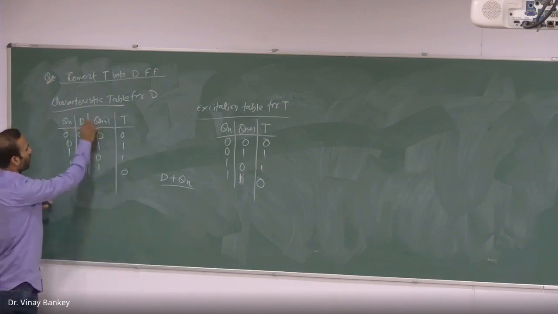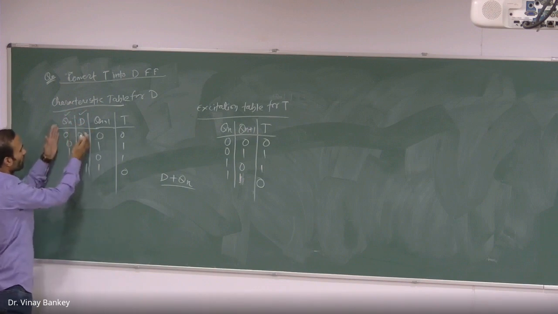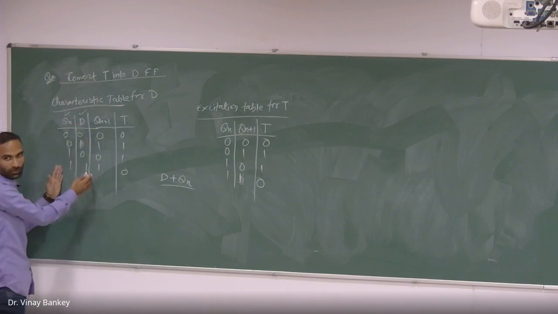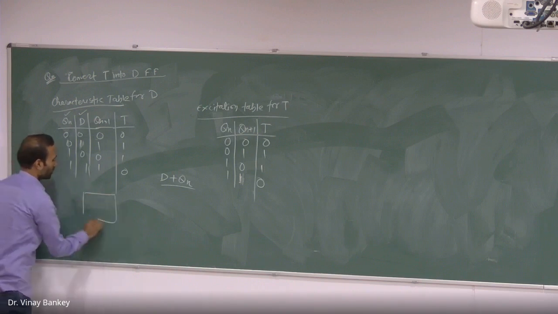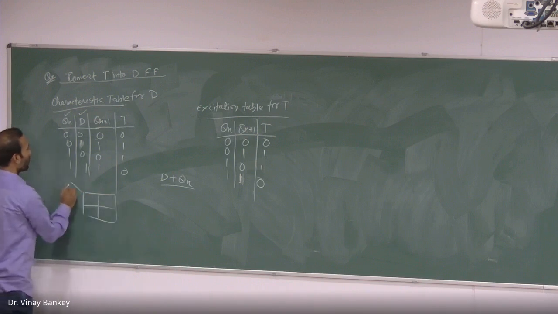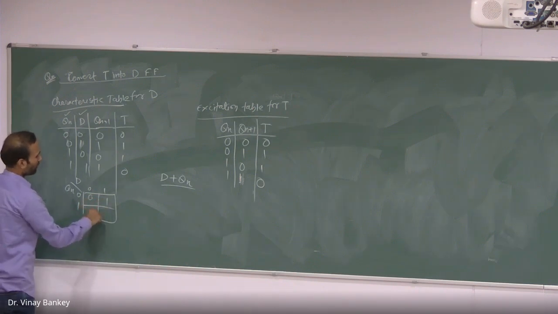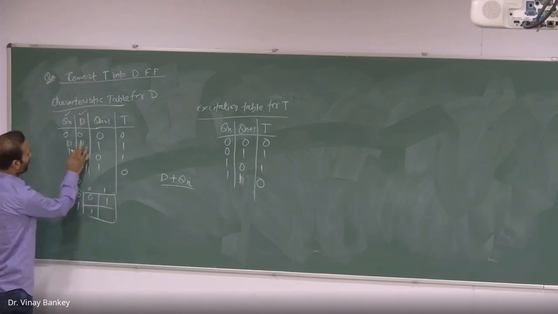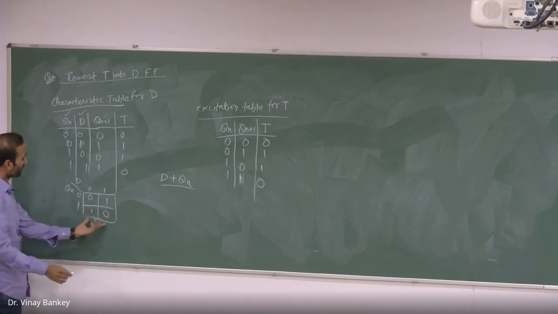Okay, so we'll use these 2 variables because this is the input and we have this information. So Qn 0 1 and D 0 1. So this is 0 1 1 0. Is it correct?